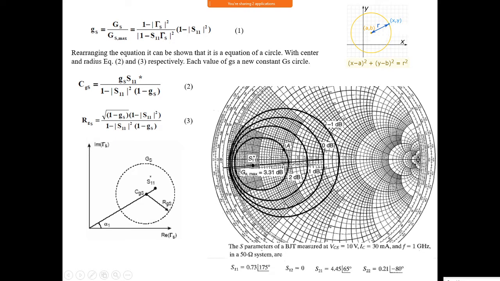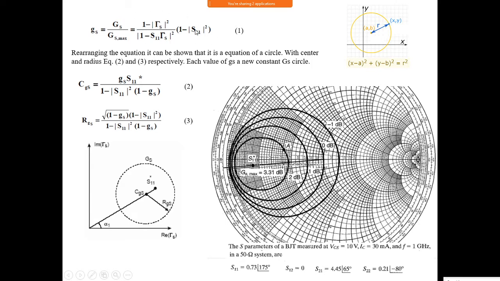So if you want a particular value of gain, you have to choose ZS. How do we choose the ZS value? By drawing this circle. To draw the circle for the given value of gain, you can observe that this equation, by rearranging, forms the equation of a circle.